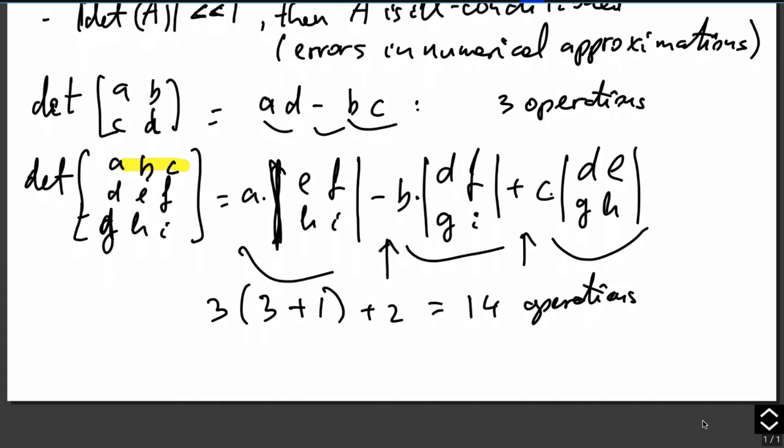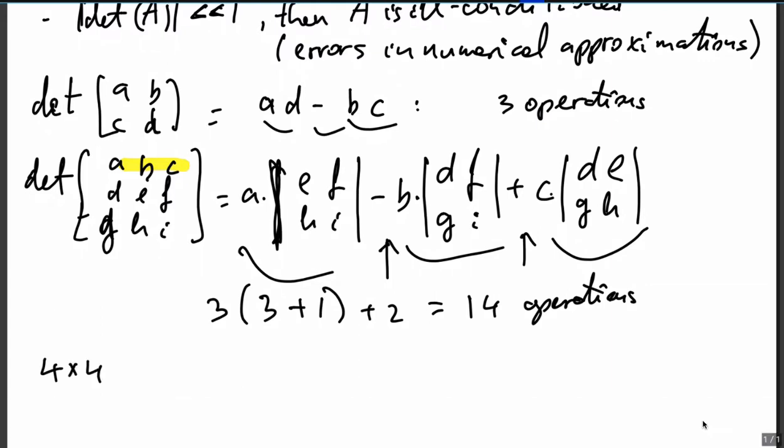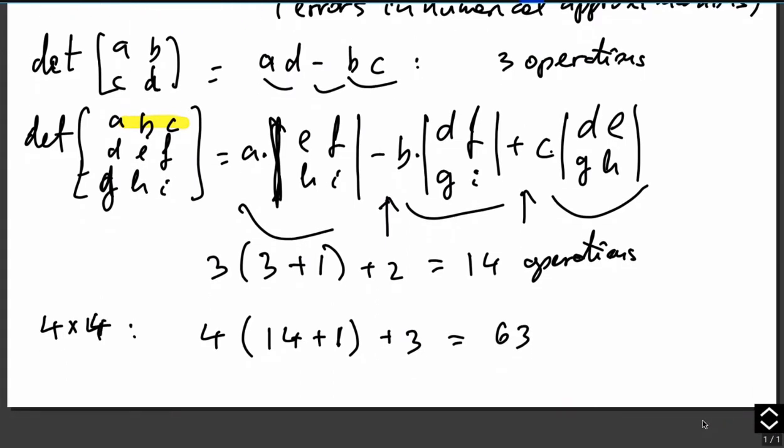Then if you try to do the same thing for a 4x4 matrix, you can see a pattern here. So we have 4 sub-determinants. Each of them will be calculated with 14 operations, and then we have the multiplication of each of them with the coefficients. And then we have 3 additions or subtractions of the 4 terms. So if you calculate what this is, 15 times 4, this is 63. That's already a lot of operations.